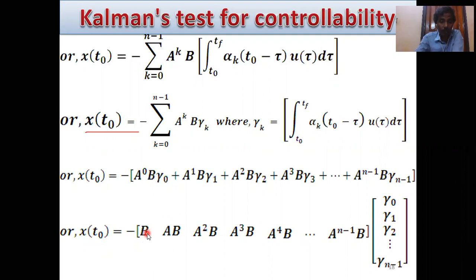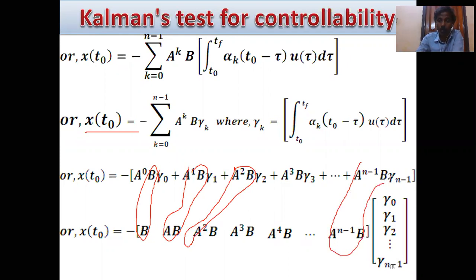From this part, this is B, this is AB, this is A^2 B, similarly the last term A^(n-1) B, multiplying the column matrix of gamma_0, gamma_1, gamma_2, gamma_3, up to gamma_(n-1). This is B gamma_0 plus AB gamma_1 plus A^2 B gamma_2 plus and so on, plus A^(n-1) B gamma_(n-1).